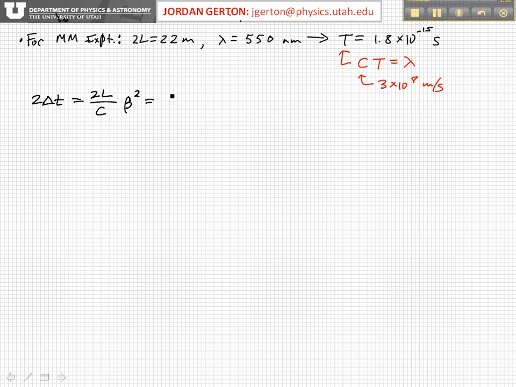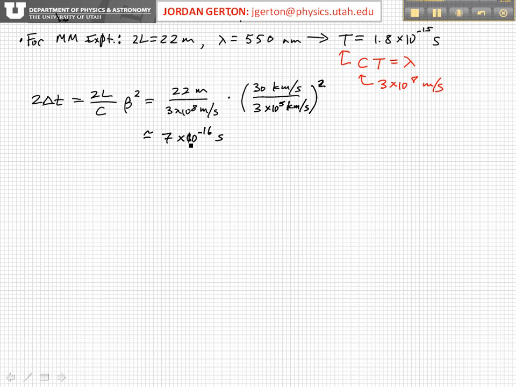If we plug in numbers for this, with the velocity of the Earth through the ether, this is roughly 7 times 10 to the minus 16 seconds.